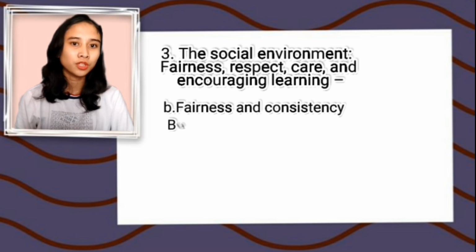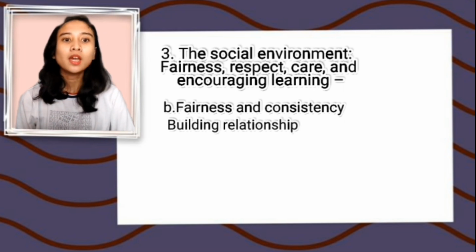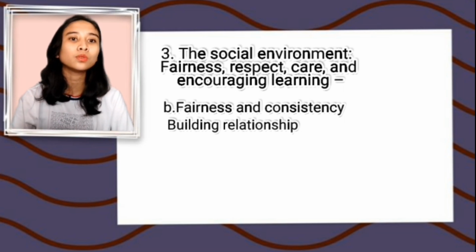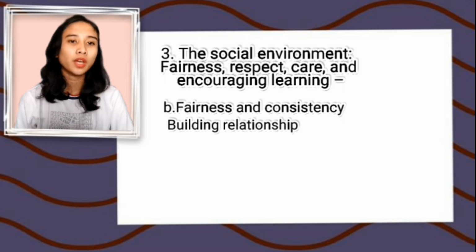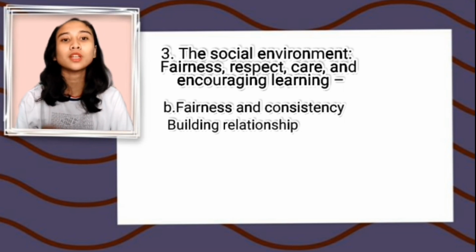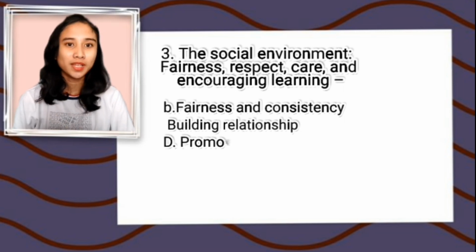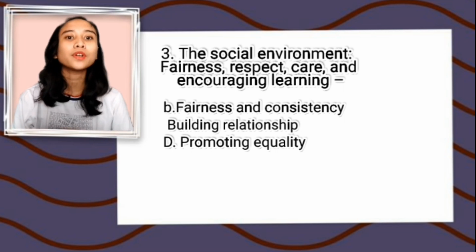Building relationships: get to know your students beyond academics. Ask about their interests, listen to their concerns, and show that you care. Promoting equality: avoid biases, encourage diverse opinions, and treat every student with respect.